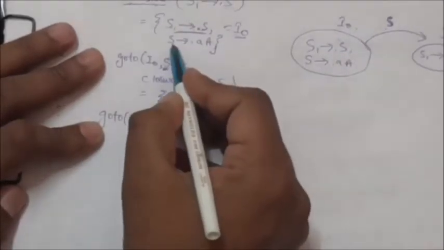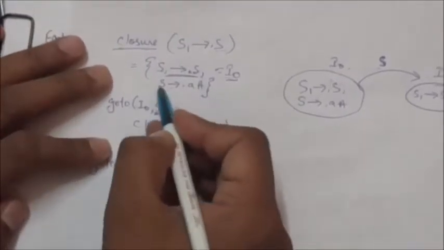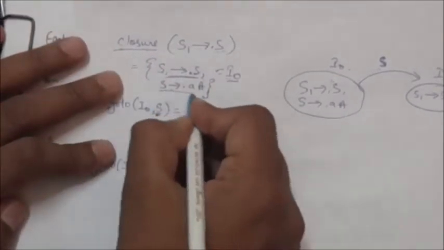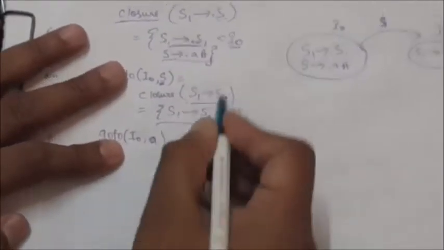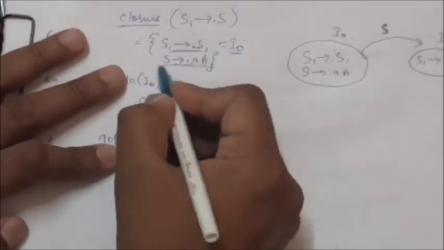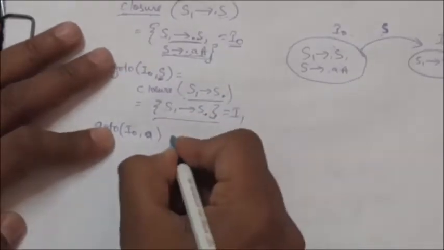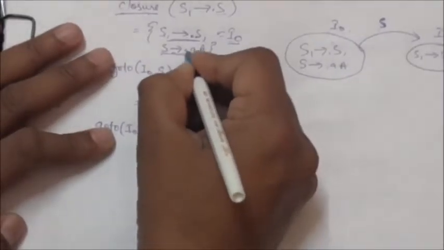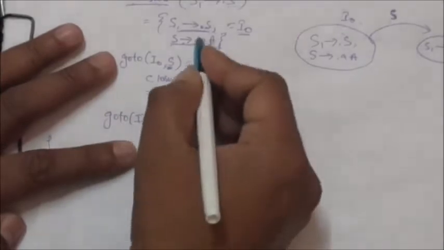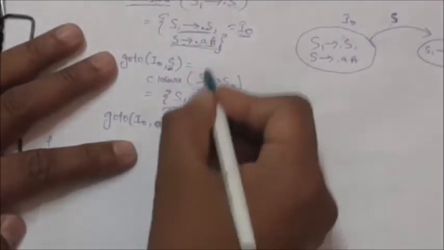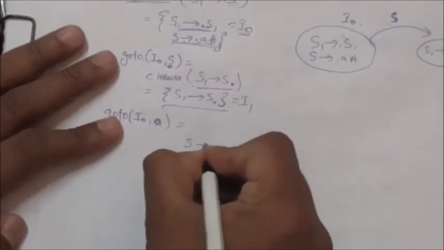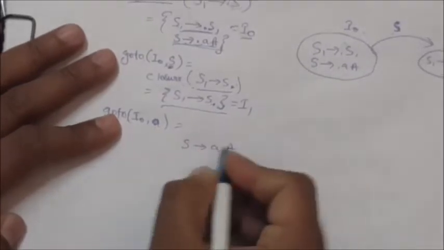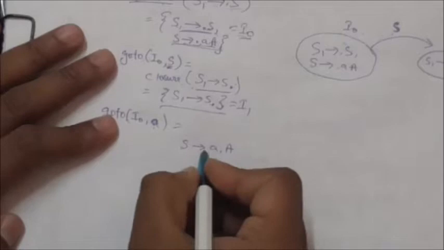For that, in the set I0, I need to find those items in which the dot is immediately preceding the symbol A. Here there is only one item. In that item, I will shift the dot after the symbol A. So I have got a new item, and now I have to find its closure.